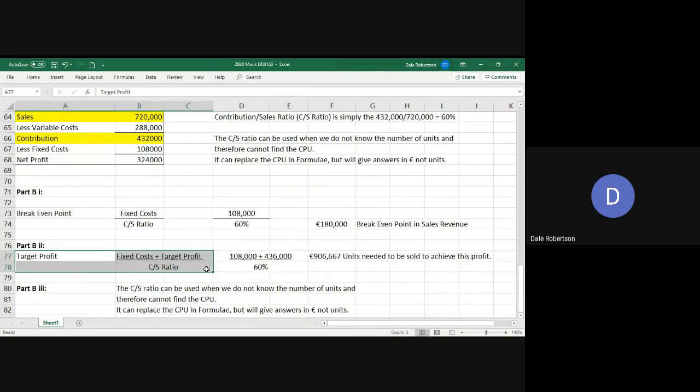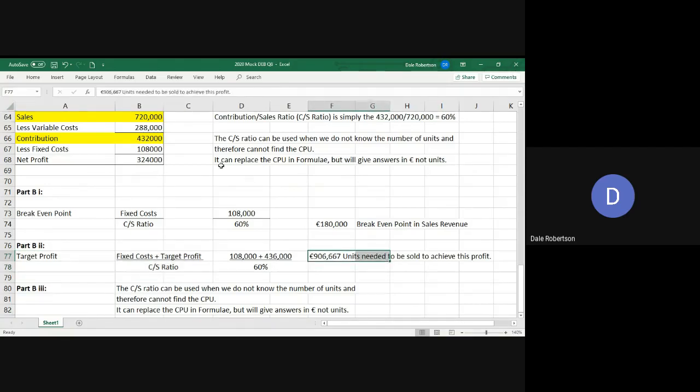So therefore, we're just factoring in this target profit into the break-even formula. So it's 108 plus the 436 divided by 60%. And that gives you sales of 906,667.